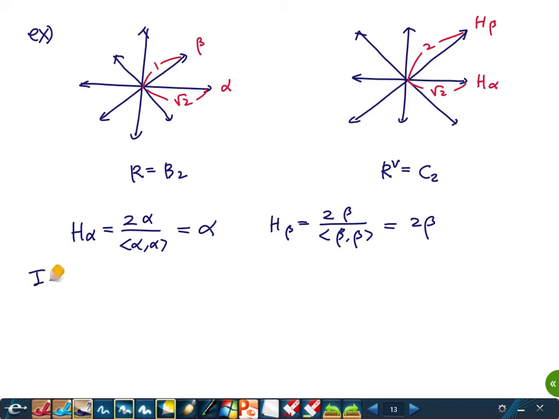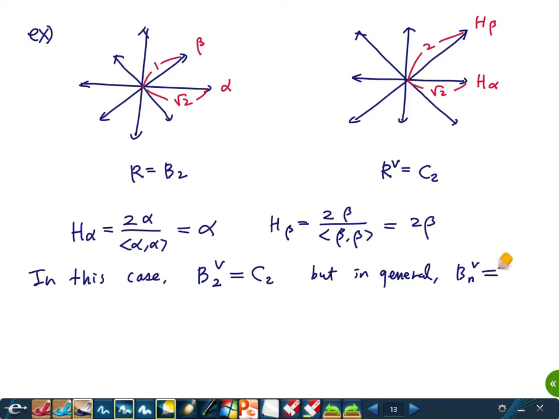So in this case, B2 check is the same as, or isomorphic to, C2. But in general, B n check is not isomorphic to C n for n greater than 2.